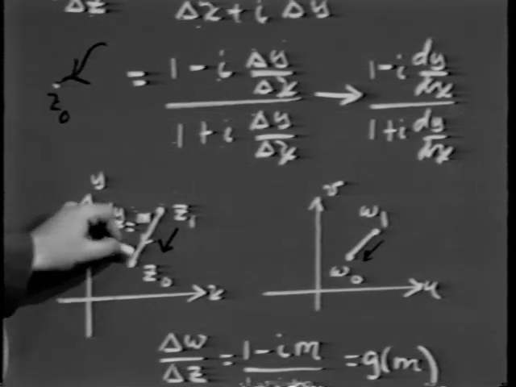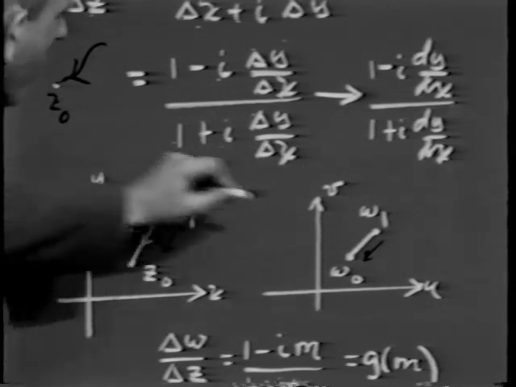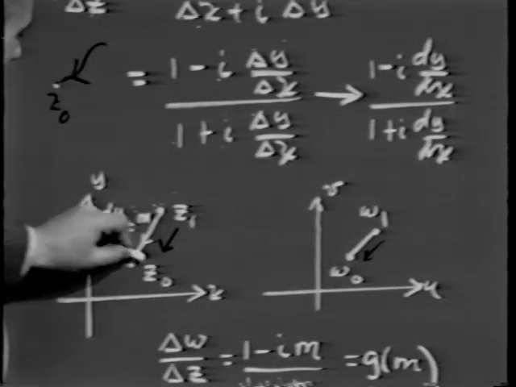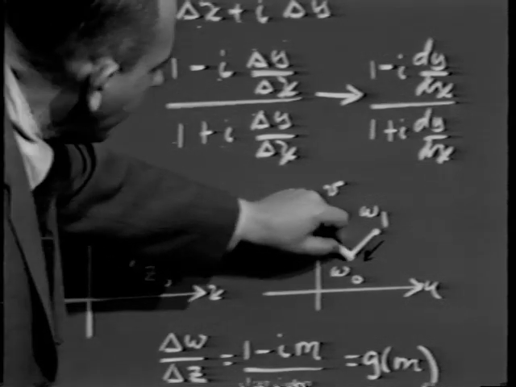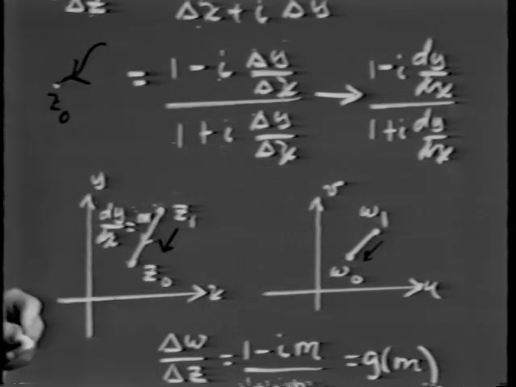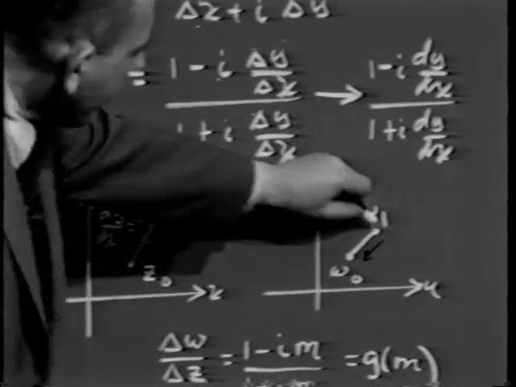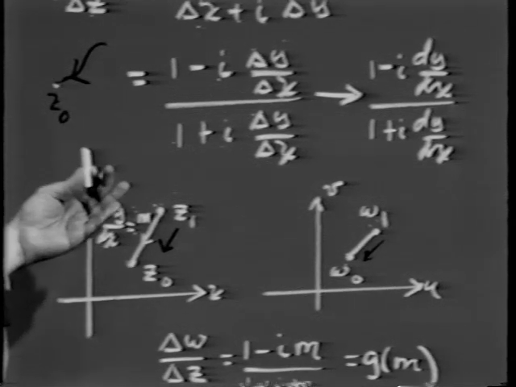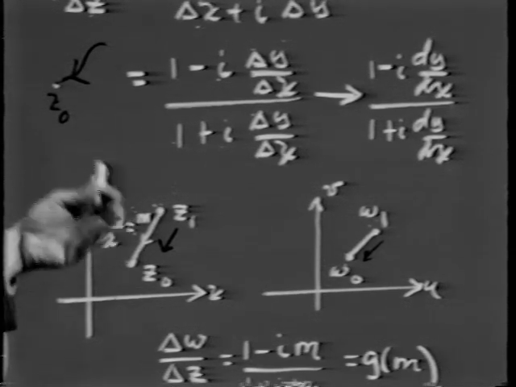And by the way, notice what I'm saying here. z0 maps into w0. z1 maps into w1. Sufficiently close to z0, I can assume that the image of this straight line is a straight line that joins w0 to w1. And the ratio that I want is this length divided by this length, where by dividing lengths I mean the usual complex variable interpretation, dividing magnitudes and subtracting arguments.